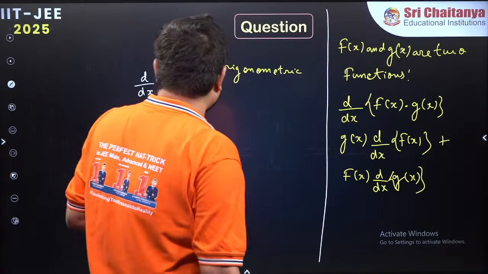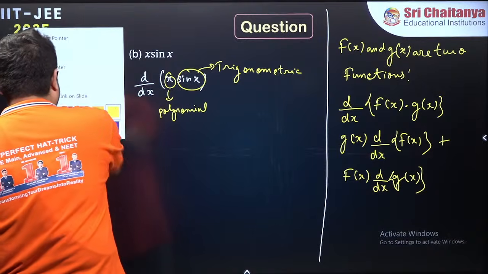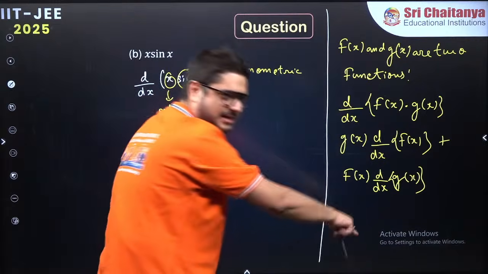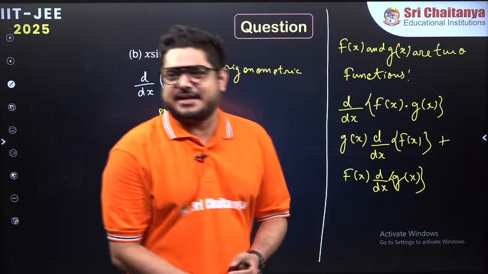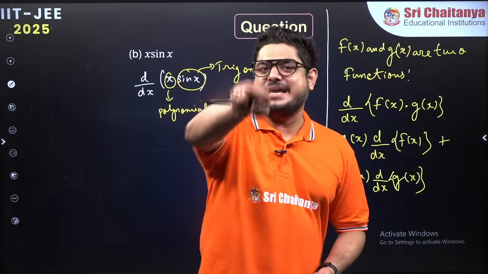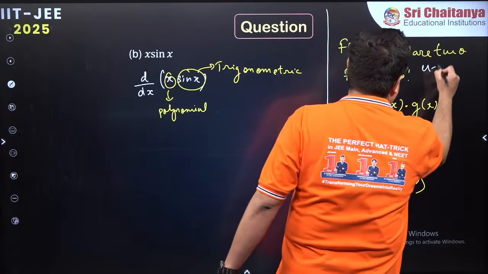So now let's try to solve this, everyone. So this was the question. What we have to do is, first of all, we need to use this rule, the rule which I mentioned, how to find out the derivative of two functions which are being multiplied. So this is also known as the UV rule.